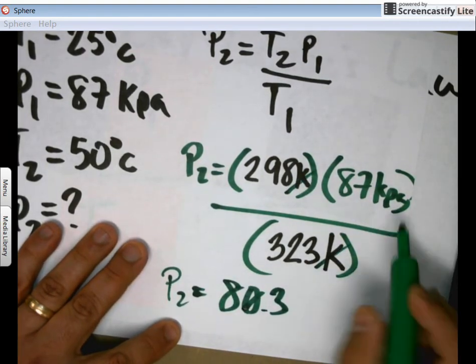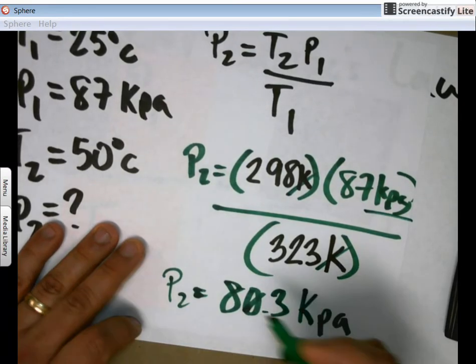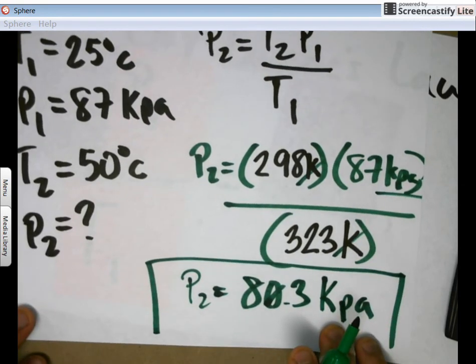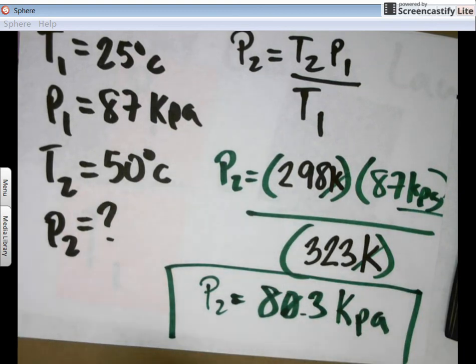Kelvin goes away. What am I left with? Kilopascals. So my unit is kilopascals, which is a pressure. Final answer right there. That's Gay Lussac's law. Okay? That's how you do that one.